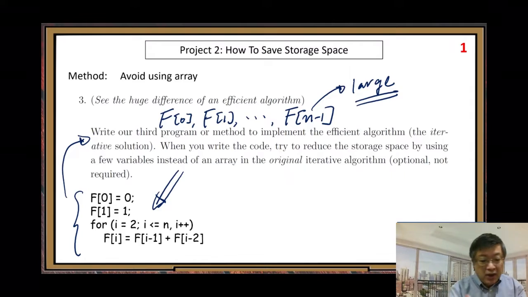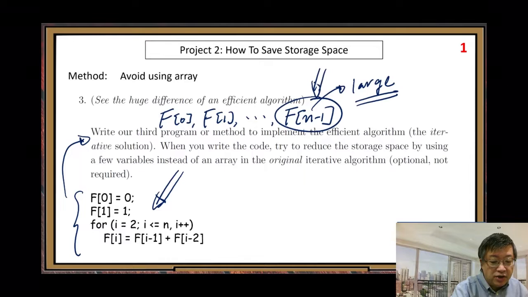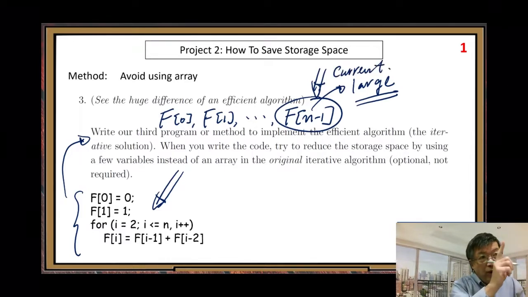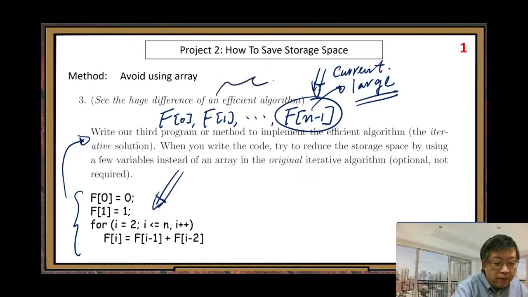Then you may realize we may not need to store all of them. We may not need to store all the history, old Fibonacci values. So think about, in order to calculate the current one, suppose this is the current Fibonacci number, we only need to store 2 previous values.